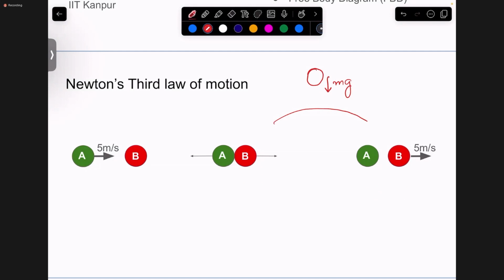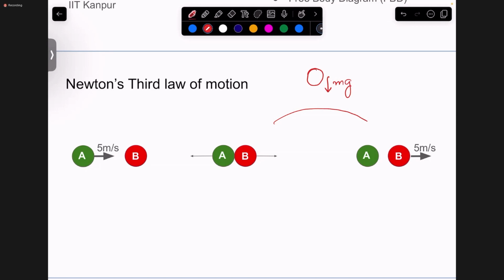Newton's third law says that yes, it is also exerting an equal and opposite force on the opposite object, that is Earth.